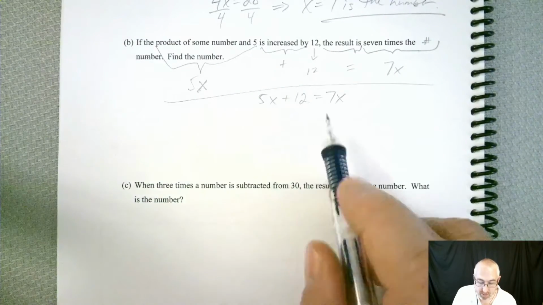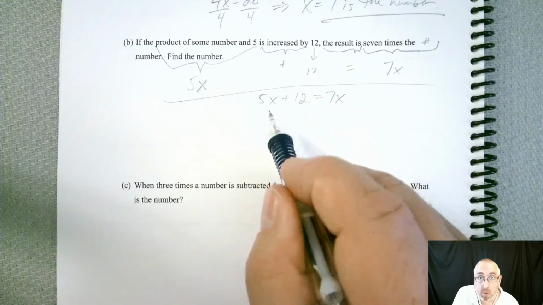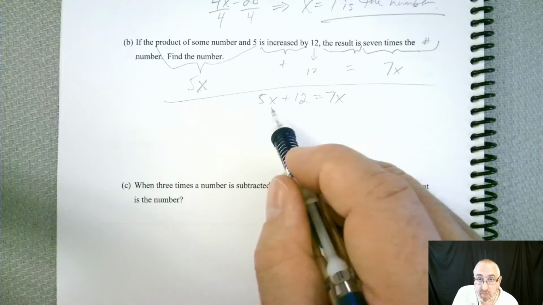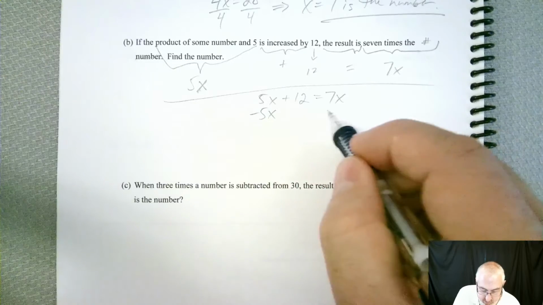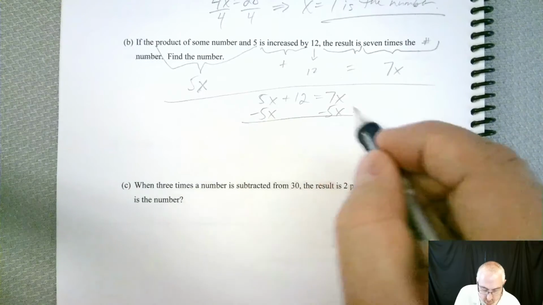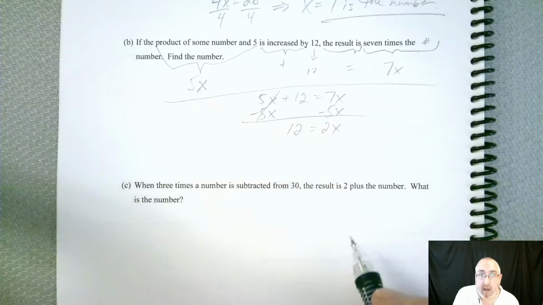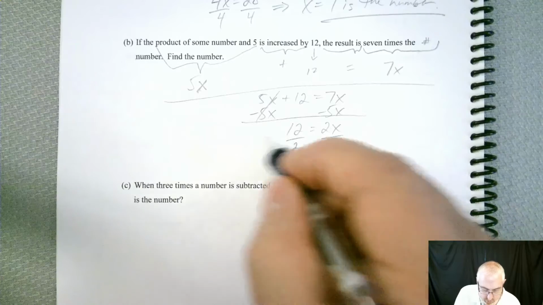So if we want to solve this one, let's get all of our x's over to the other side. Remember, always try to move the smaller value or the smaller term of x. In this case, the 5x is smaller than 7x. So let's move that. It just avoids those negatives, remember. And then now we can get rid of the 2 by dividing it.